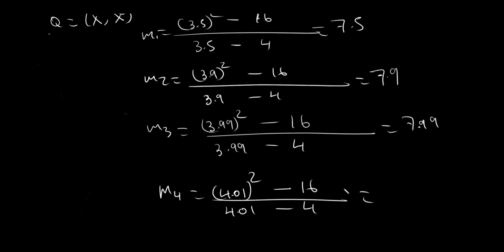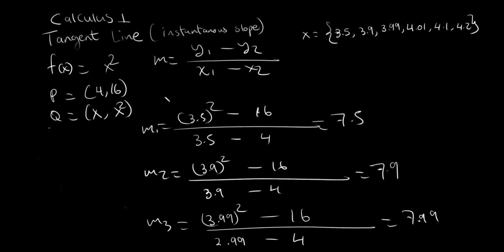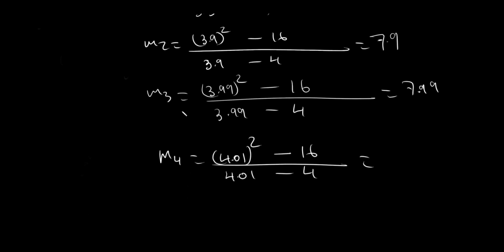Again, I'm going to remind you that you don't have to take the same x as me. You can take any x you want as long as it's close to my point P. As long as it's close to 4, I'm good. But you don't have to take points that are too far from point P. You have to be close to point P.